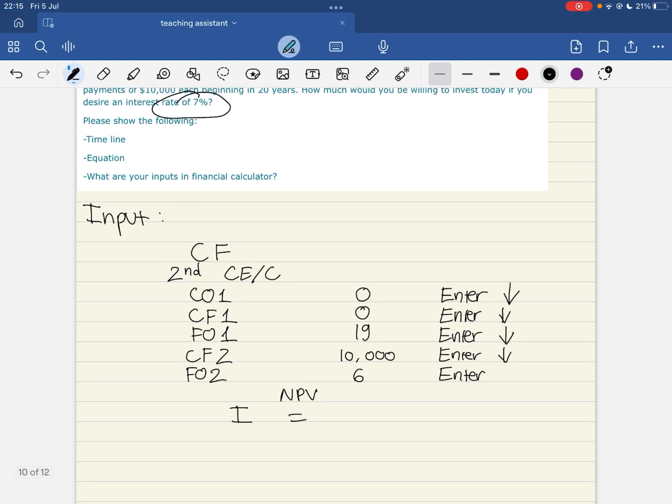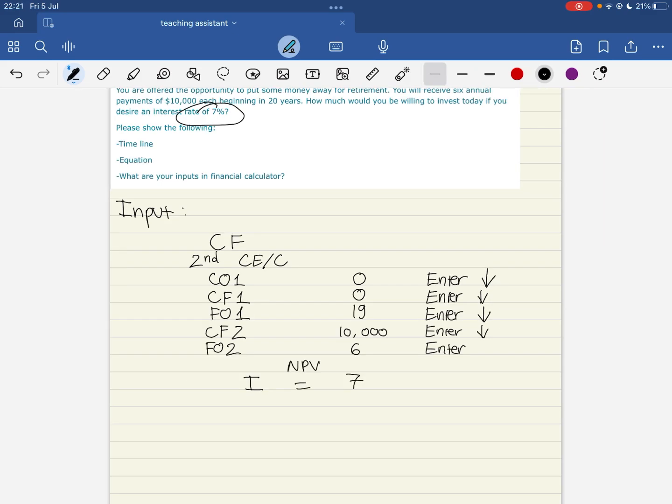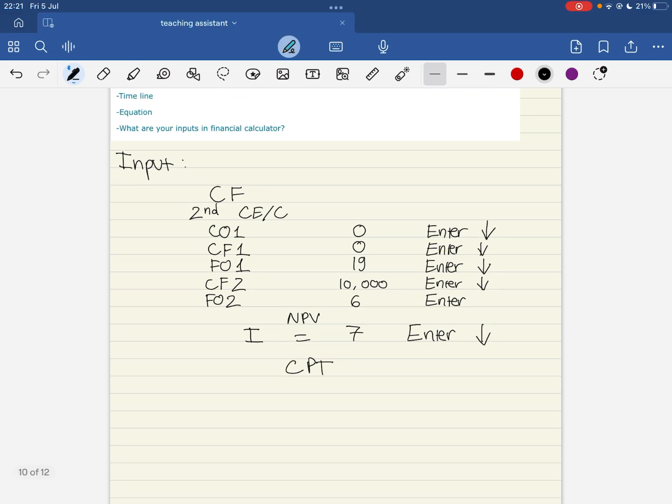So here, we will press 7. Just a reminder, please don't put the percent. Then we press enter again. Go down. Here, we press CPT. And the NPV will pop up. That will be the answer.